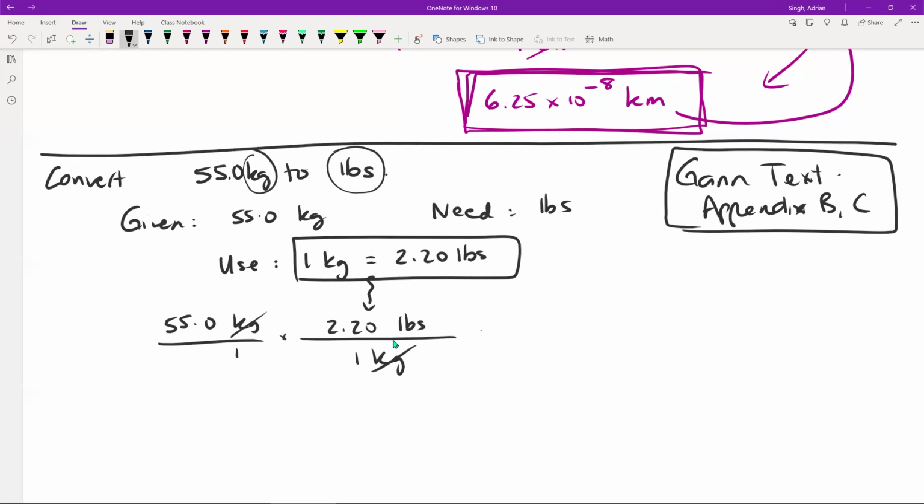Kilogram goes away. I end up multiplying 55.0 by 2.20, and that's going to give me 121 pounds.